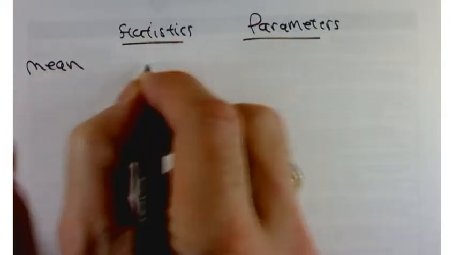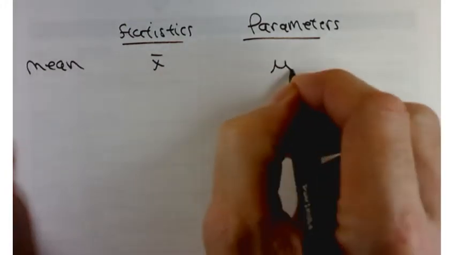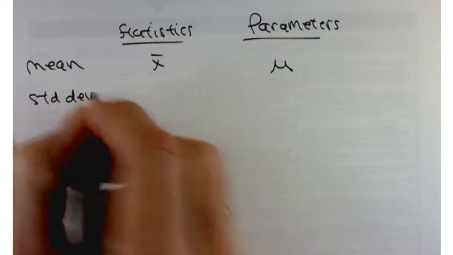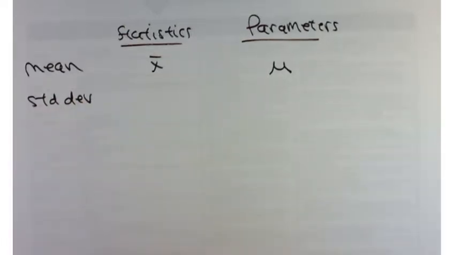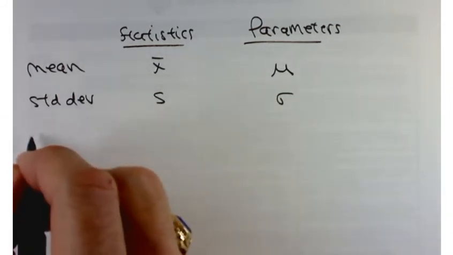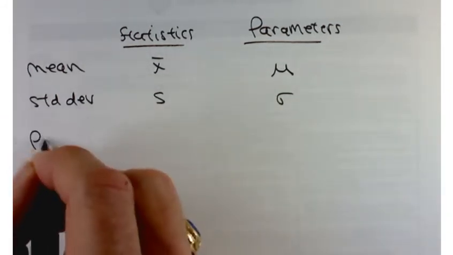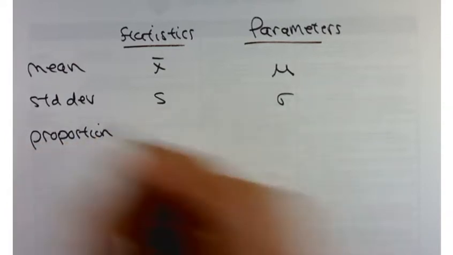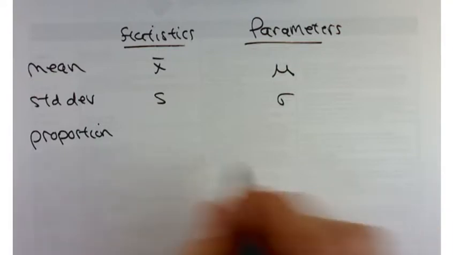S and sigma. We also had population proportion, p hat and p. Then we had the linear correlation, r and rho.